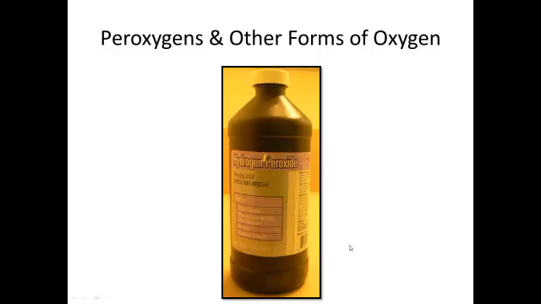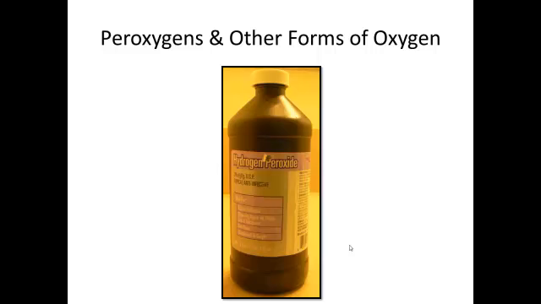Alright, let's talk about peroxygens. Hydrogen peroxide is the most common form. They are known as active forms of oxygen. Hydrogen peroxide is H2O2, and generally speaking, in the amount that we use for antisepsis, it's not toxic to humans because you have an enzyme called catalase that breaks hydrogen peroxide, H2O2, into water, H2O, and oxygen, O2.